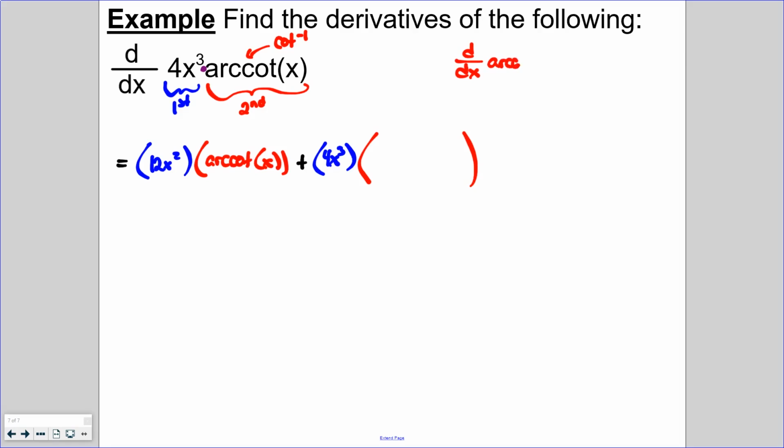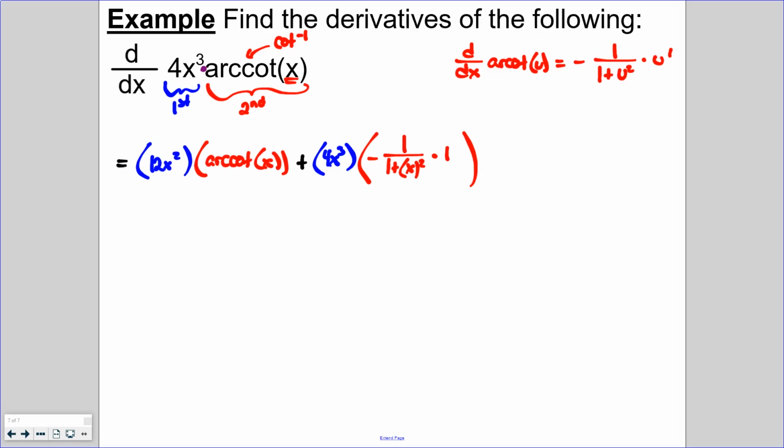Arccotangent of u is negative 1 over 1 plus u squared times u prime. And we can see in our problem, our u is going to be x. So we can substitute that in: negative 1 over 1 plus our inside, which is x squared, times the derivative of our inside, which is 1.